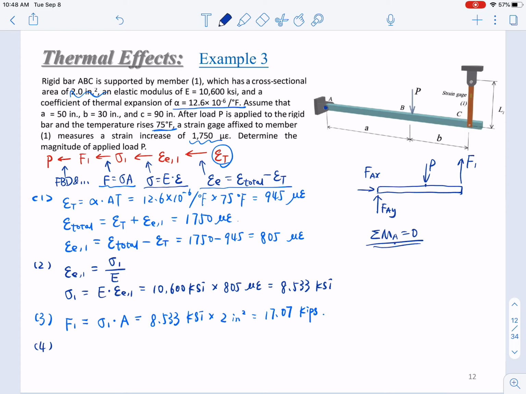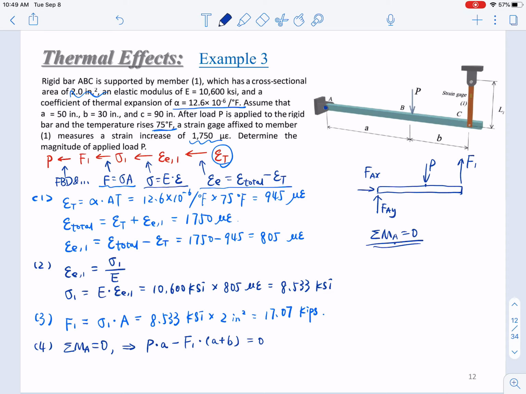How to write this equilibrium equation? Sum of MA equals 0. From here we can get an equation that is P times a minus F1 times (a plus b) equals 0.